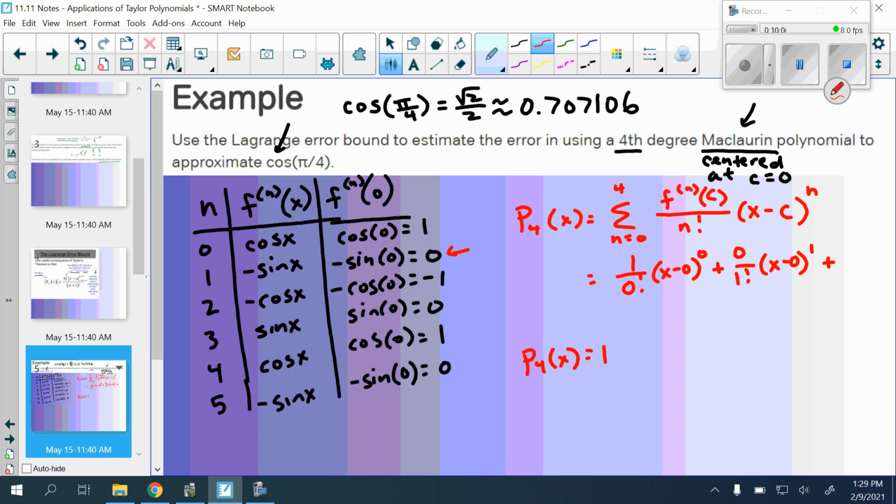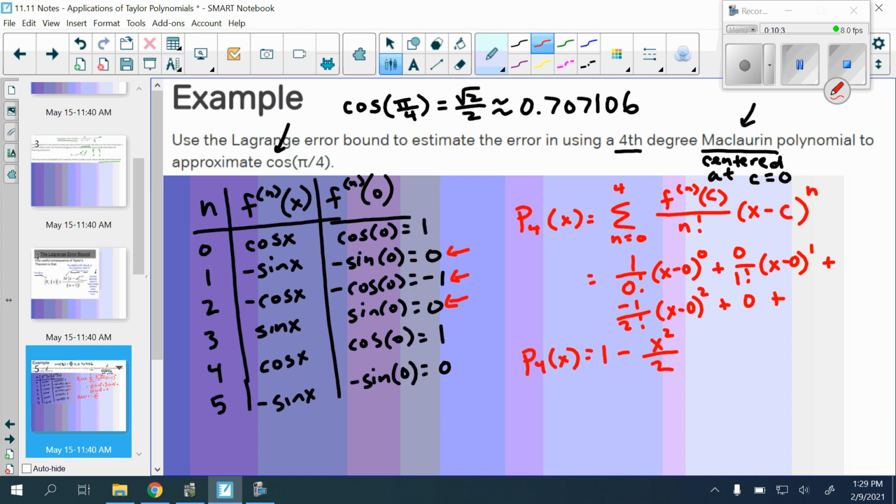Our next one, we're now putting in our next value down, which would be -1 over 2 factorial x minus 0 squared, which when we simplify that one should be x squared over 2 factorial, which is just 2. All right, next one, our coefficient is 0, so I'm not going to bother writing all that out, but this next one's going to be 0.